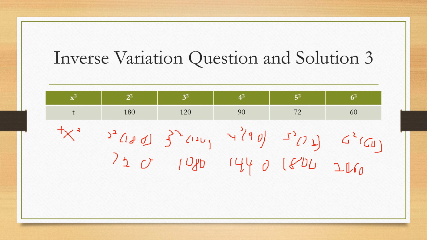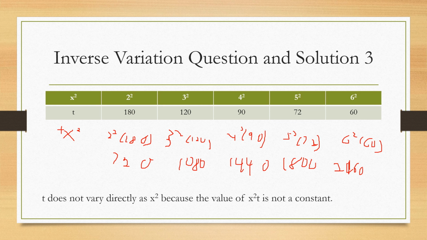This is one. So yeah, we will see the answer. T does not vary directly as s power 2 because the value of t over s power 2 is not a constant.